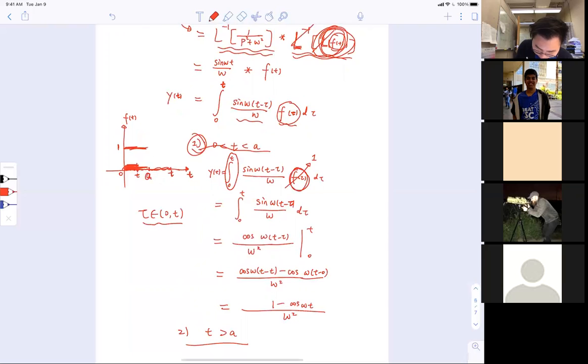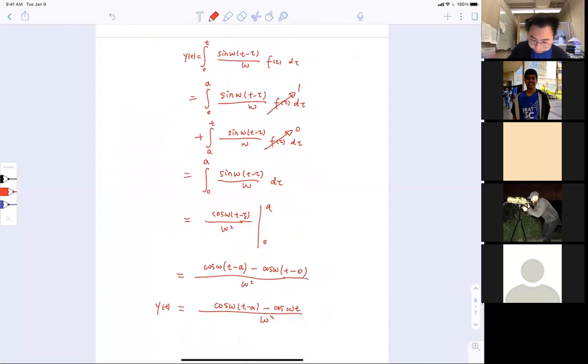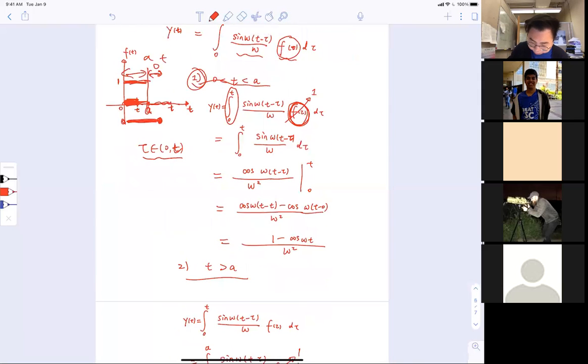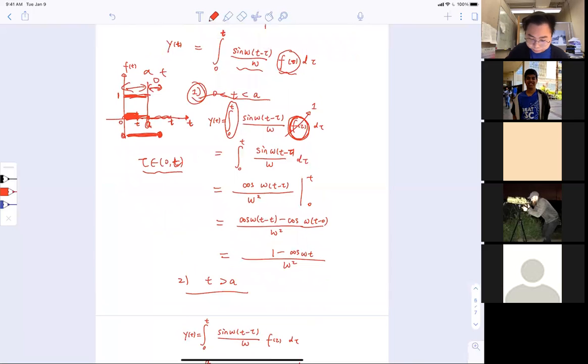When your argument is from 0 to t and t is smaller than a, this f function is always 1. However, if your t is larger than a, meaning now I'm integrating from 0 to some larger value, then f(tau) is 1 in this regime, but from a to t it is 0. So you need to consider them separately, and this is what I'm doing here.